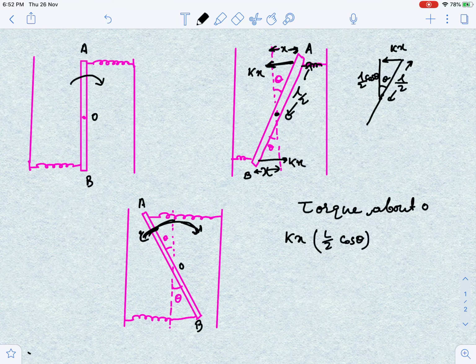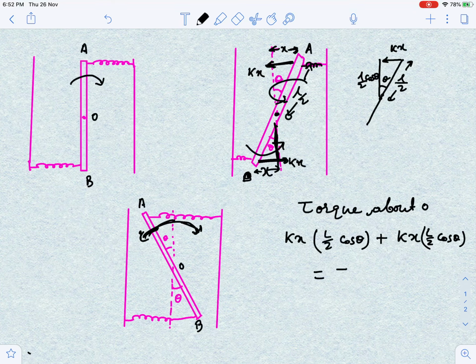This torque tries to rotate the rod anticlockwise. Similarly, the torque at the lower end point B also tries to rotate it anticlockwise. So I can add the torque, which is kx, the spring force on the right side this time, and the perpendicular length again is L by 2 cos theta. So this is the net torque acting about point O.